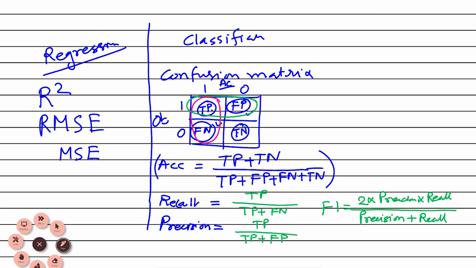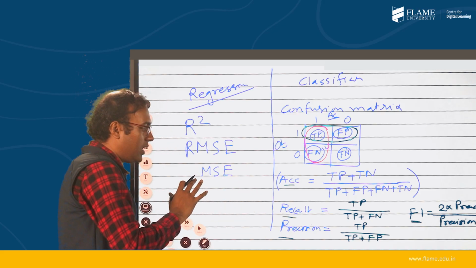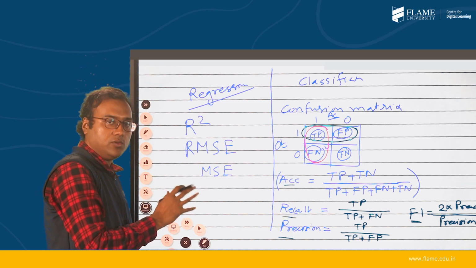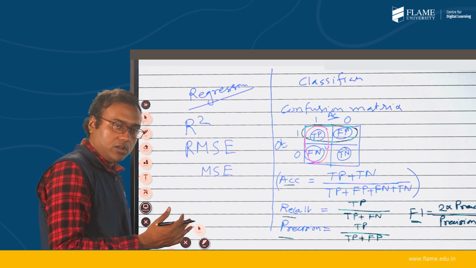In those cases F1 score is a very good metric, and recall, precision and accuracy you can use for any classification model for judging the accuracy of prediction. So hope you understood how to judge the models, and also how these 3 types of algorithm can be used to create regression and classification models. Thank you.